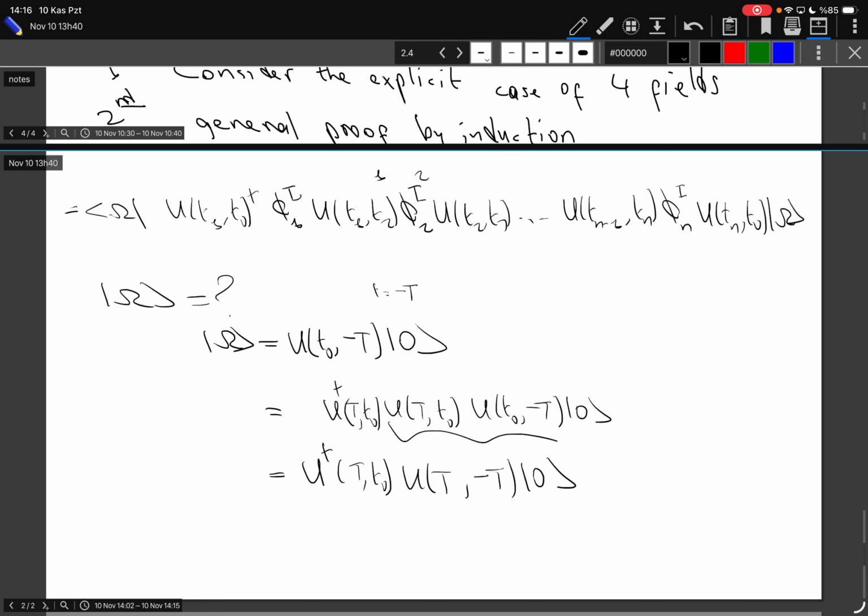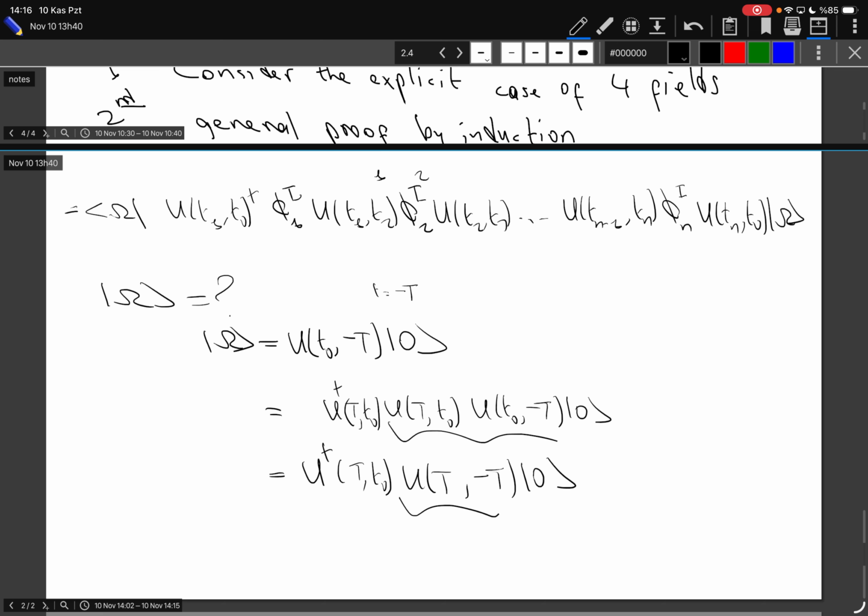But then at a very late time, I will start turning off the potential again adiabatically. So even though my potential is changing, since I'm turning the potential off to zero adiabatically, my system will always remain in the ground state.